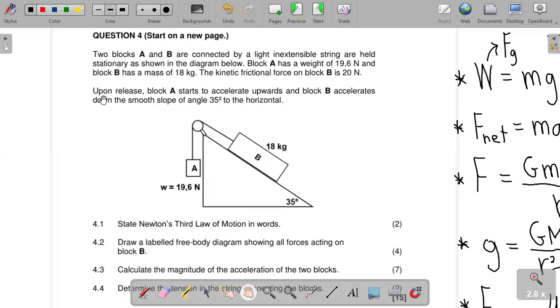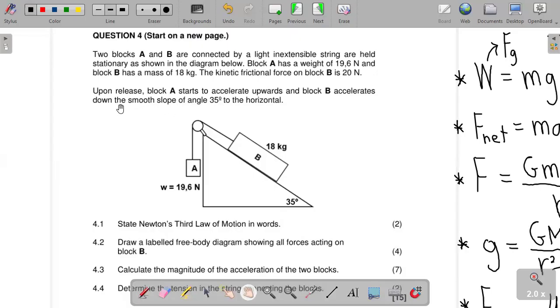Upon release, block A starts to accelerate upwards and block B accelerates down the smooth slope of angle 35 degrees to the horizontal.